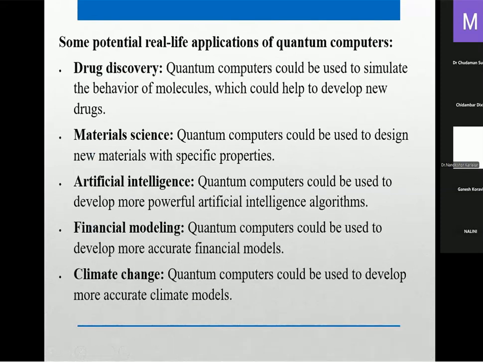So this requires simulating complex chemical reactions, which are computationally intensive for classical computers, even for relatively small molecules. Quantum advantage, how will it overcome that? Quantum computers, with their unique properties like superposition and entanglement.